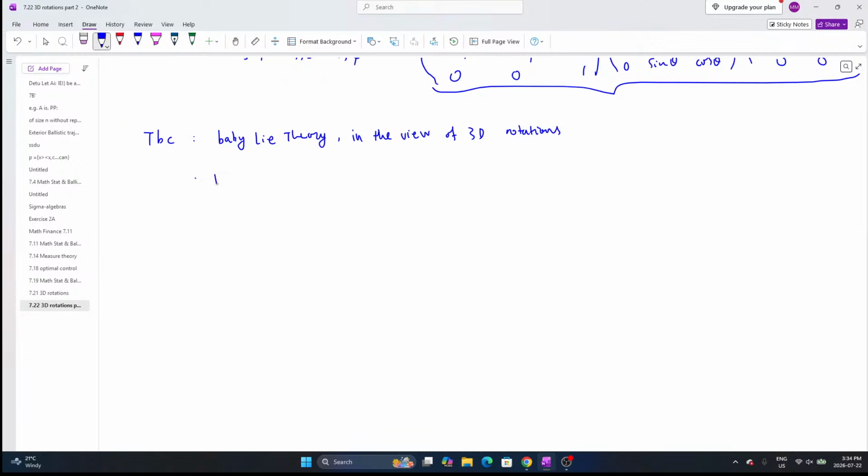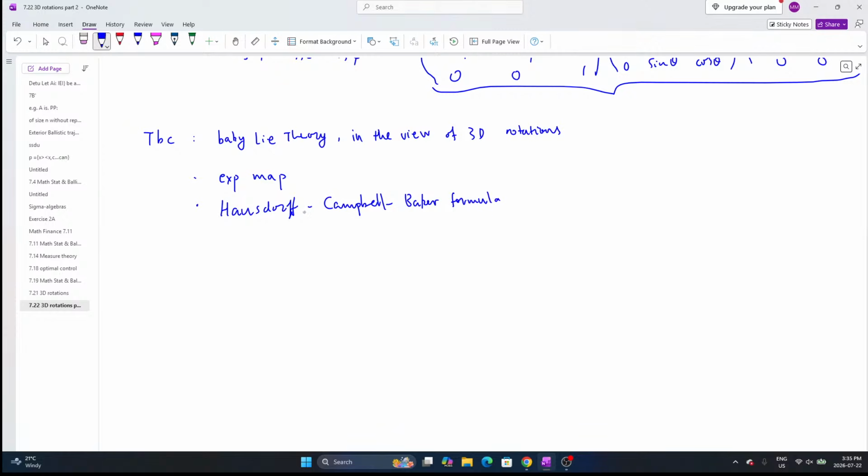That will be the exponential map, the exponential map that links the Lie algebra to the Lie group. And also, we're going to look at the Baker-Campbell-Hausdorff formula.